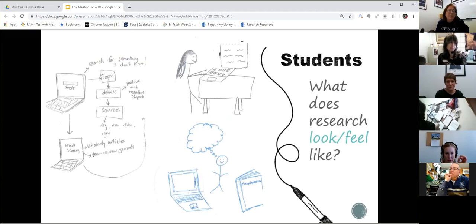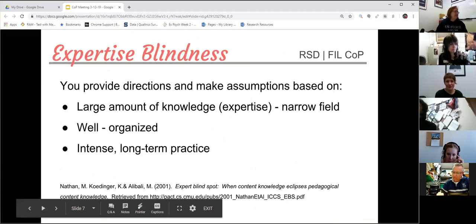They do mention the Stout Library and scholarly articles and peer-reviewed journals. The left drawing comes from students who've had an ed psych class or something where they've had to research. But this is what it looks like for students: find articles, look on the computer, write something, and we're done. So that's where my students are coming from.